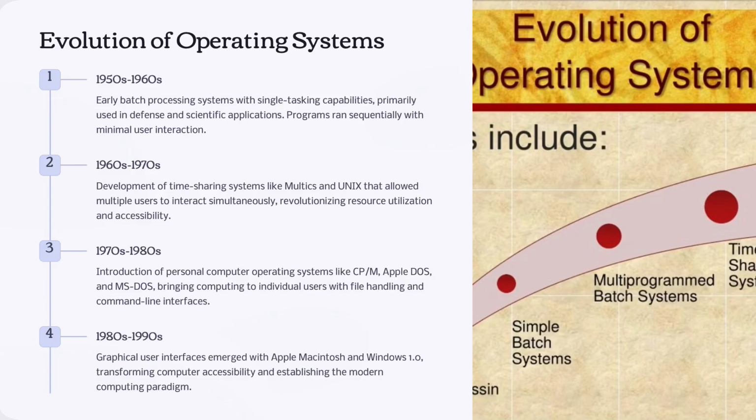In the 1970s to 80s, personal computers brought CP/M and MS-DOS. In the 1980s to 90s, graphical user interfaces like Macintosh and Windows revolutionized usability. This evolution transformed computing from exclusive labs to personal desktops.